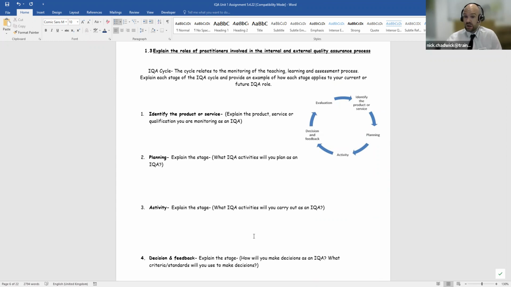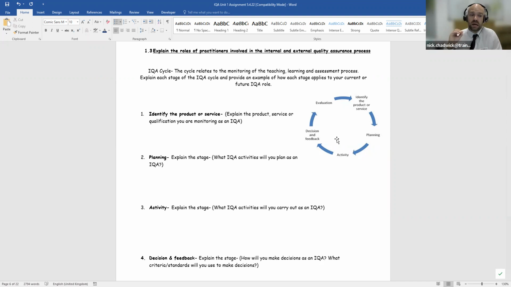Okay, we are now going to look at the IQA cycle. So do have a look at textbook pages 7 and 8. And we are just going to explain just a bit about this IQA cycle. So the IQA cycle, okay, as you can see here, relates to the monitoring of the teaching, learning, and assessment process.